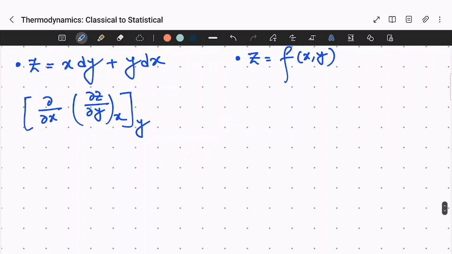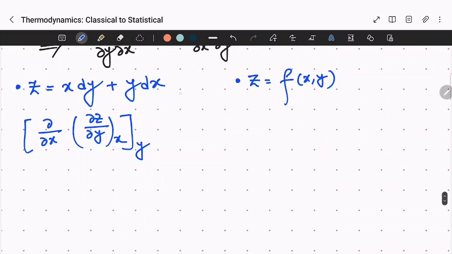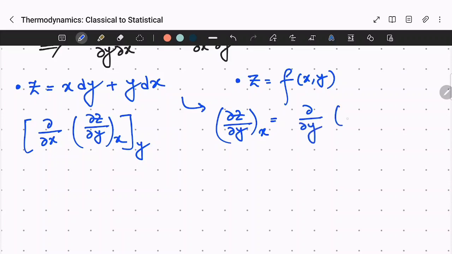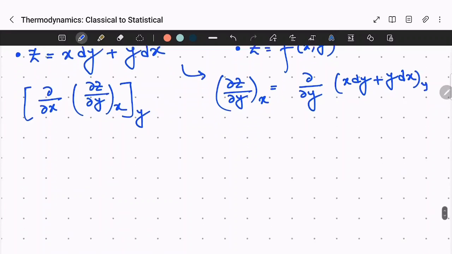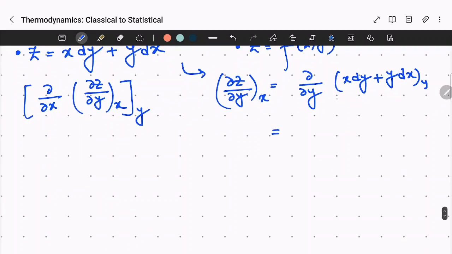So del z del y, from here we can easily find out. Del z del y at constant x is del del y of x dy plus y dx, at constant x. So for the first term it's x, and for the second term we have y del x del y.